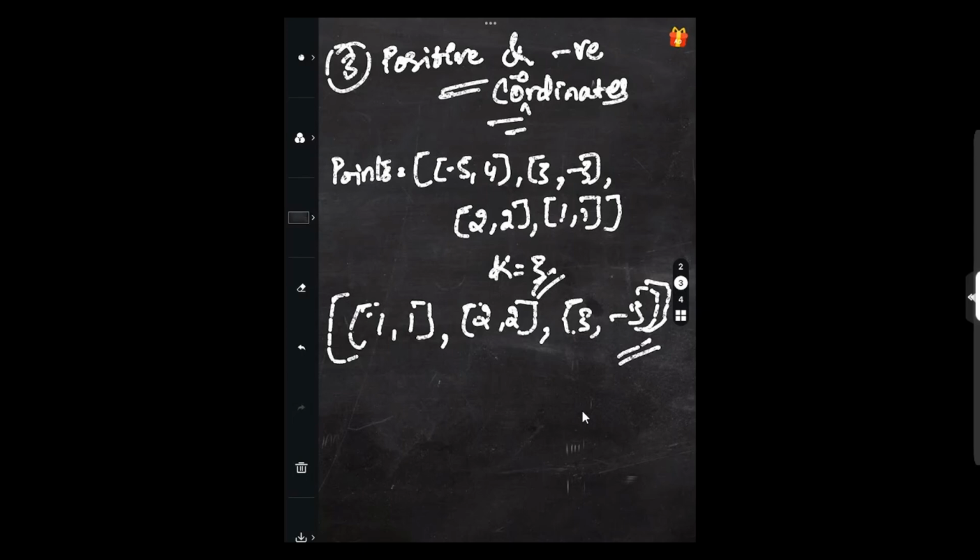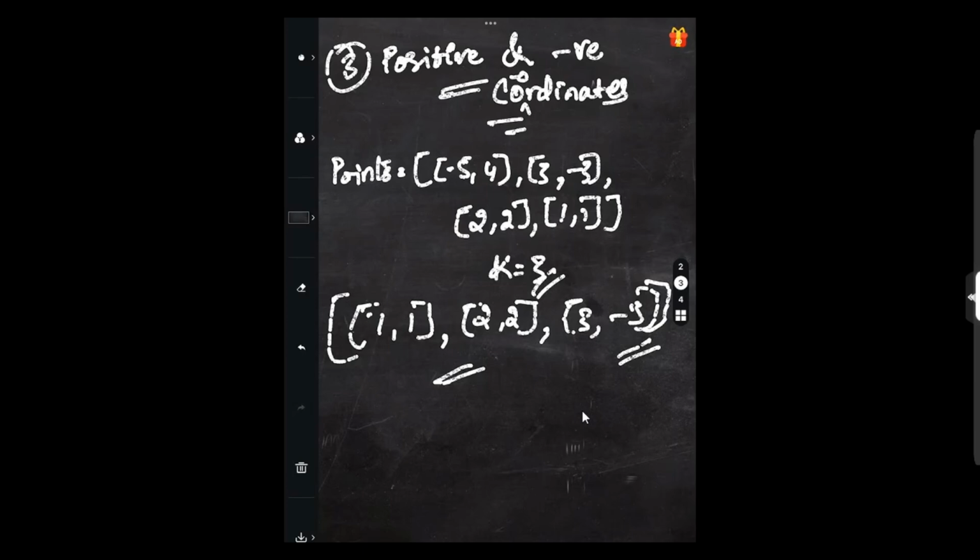Same example. So I can just dry run this one. You'll get the output same here. 1, 1, 2, 2, and 3, minus 3, which are close to the 0, 0 origin, right? So we correctly chose the closest 3 points based on their square distance. You can just calculate in the same way that I had shown for the example.